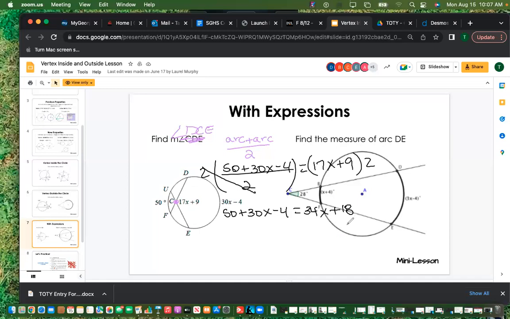Now we're going to get our x's on one side and our numbers on the other. So 50 minus 4 is going to give us 46 plus 30x equals 34x plus 18. Again, we're going to get our x's on one side.